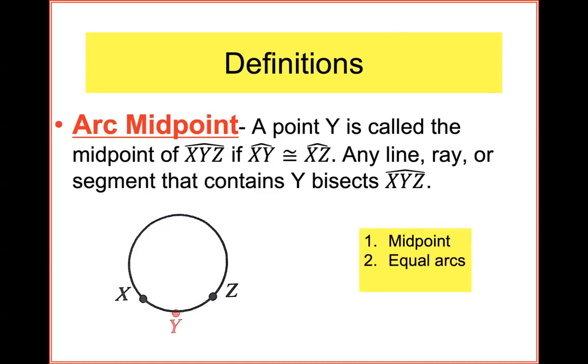Well, that means it would cut that arc into two congruent parts. So now I have two equal arcs. Arc XY and arc ZY would be congruent. And then lastly, if anything goes through Y, including a radius or a diameter, then it would bisect arc XZ. All right, write that one down.